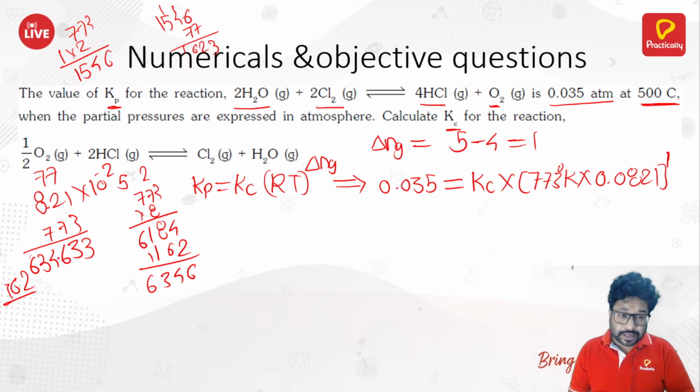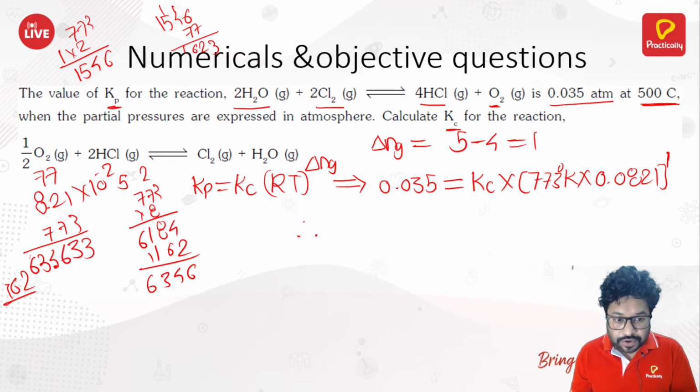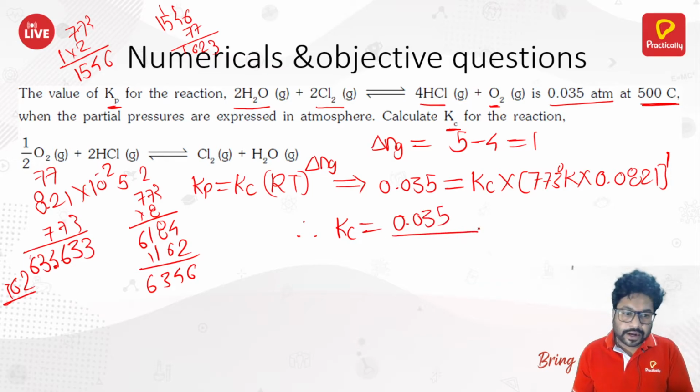How many decimal points are there? 1 2 3 4. 1 2 3 4. It becomes 63.46. So therefore your Kc will be equal to 0.035 divided by 63.46.